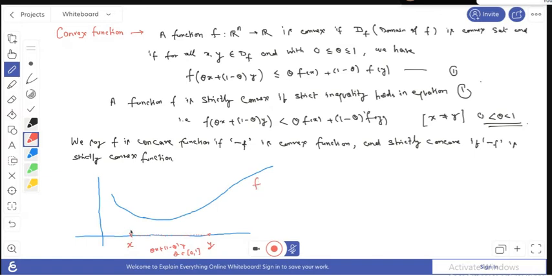The image of this point is this thing, and the image of this other point is this thing.